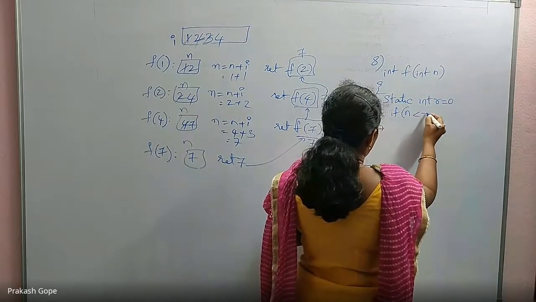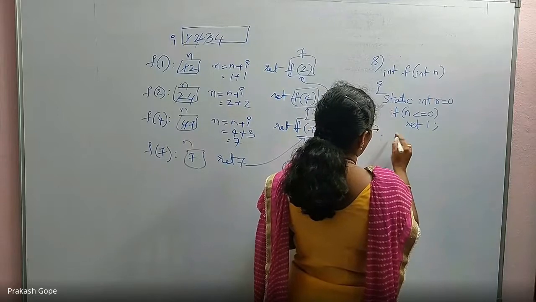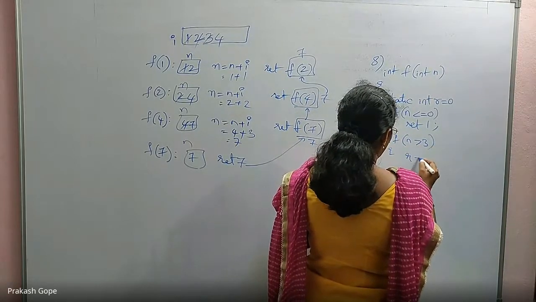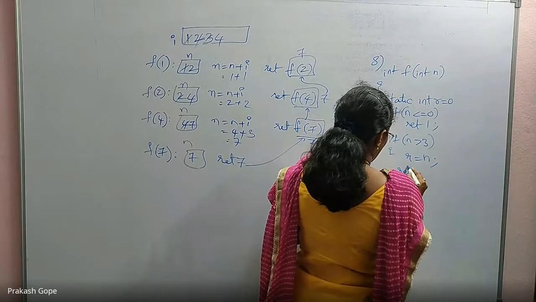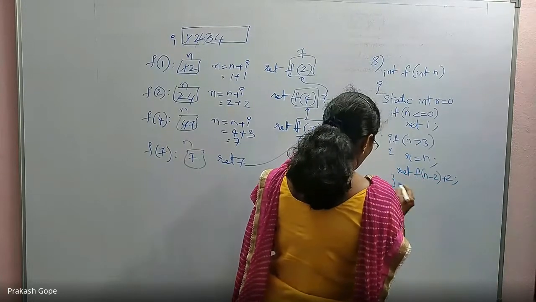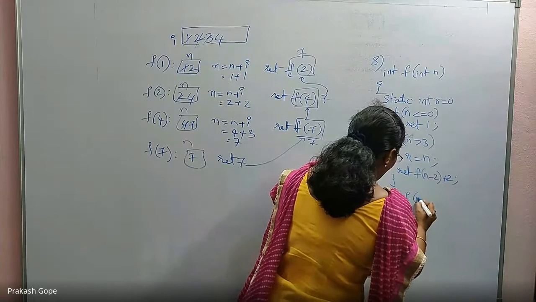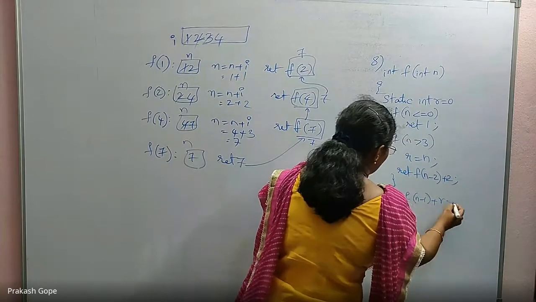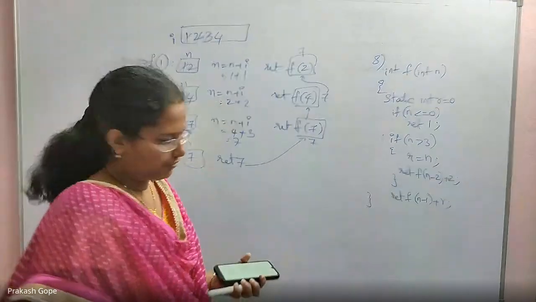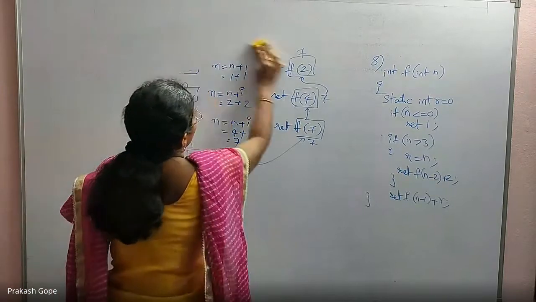If n is less than or equal to 0, return 1. If n greater than 3, r is equal to n, return f of n minus 2 plus 2. Once you come out of the block, return f of n minus 1 plus r. That's all. This is the code. What is the value of f of 5?